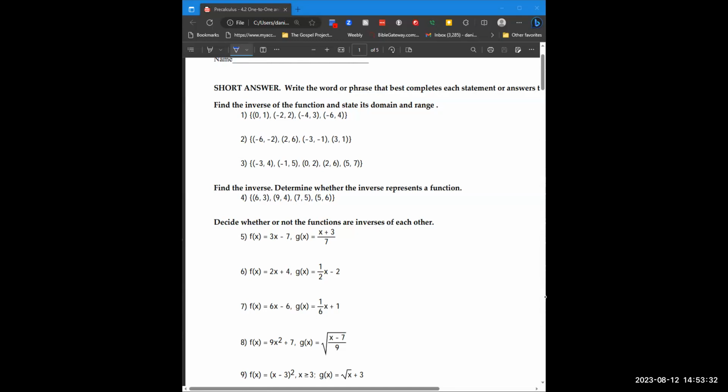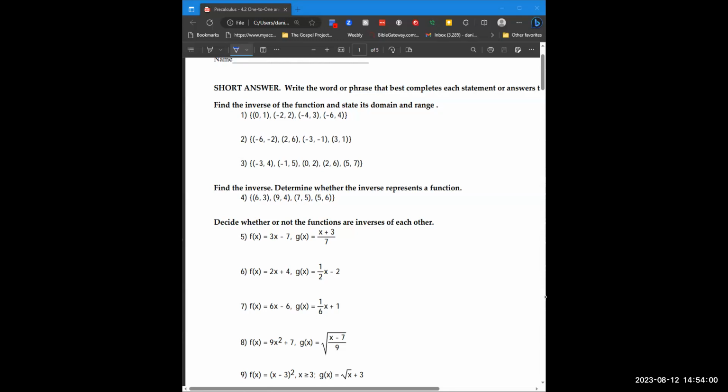For it to be one-to-one, let's say y equals x, which is the easiest one to show here. It's going to have to pass the vertical line test, and it's going to have to pass the horizontal line test, where every x has only one y and every y only has one x.